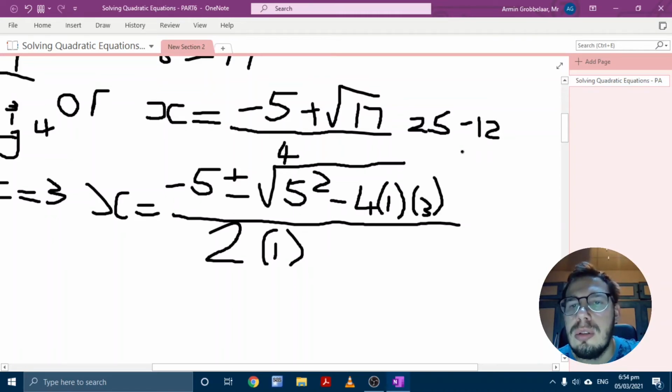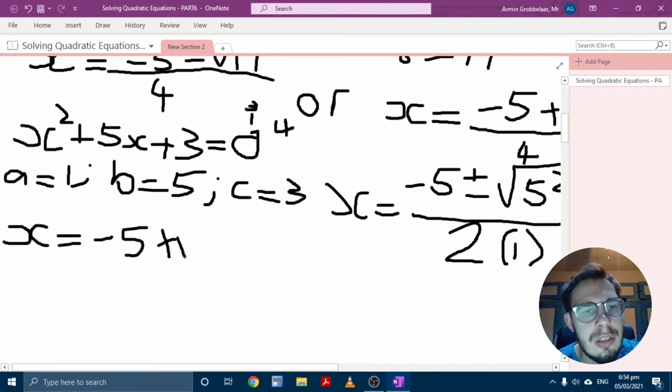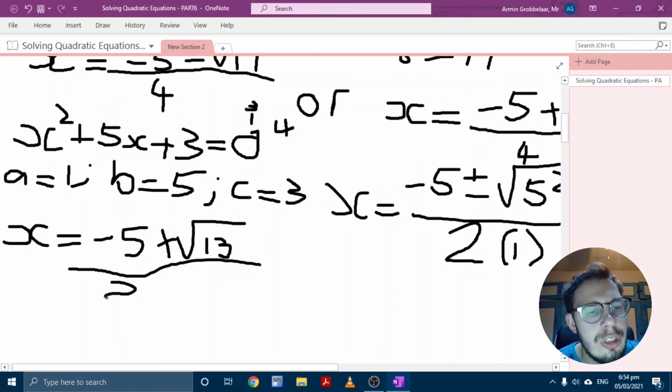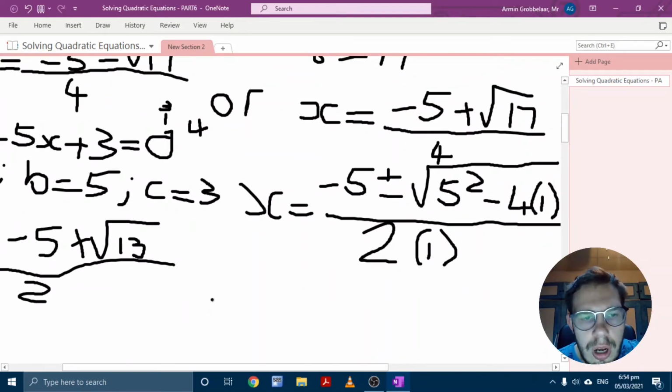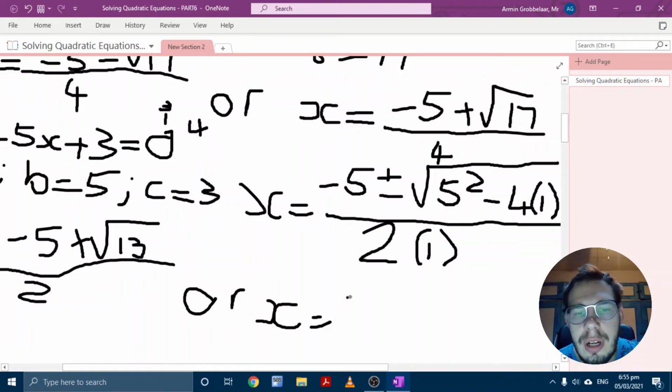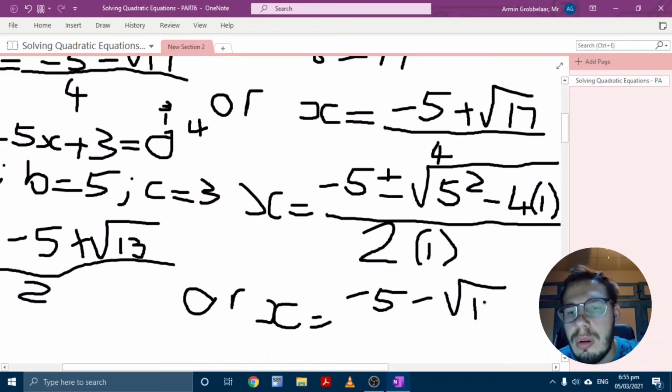So that is equal to 13. So I can say my 1x is equal to minus 5 plus the square root of 13 divided by 2 times 1, which is just 2. Or I can say the other x is equal to minus 5 minus the square root of 13 divided by 2.